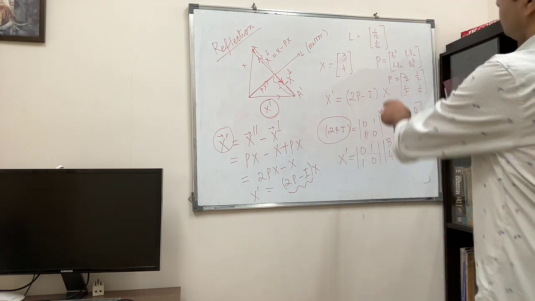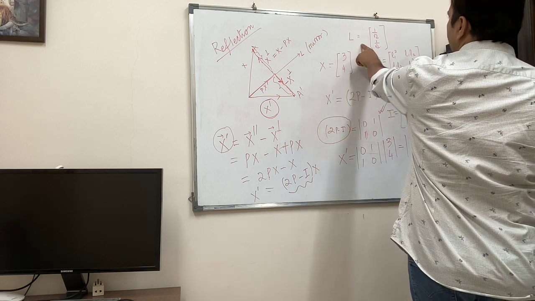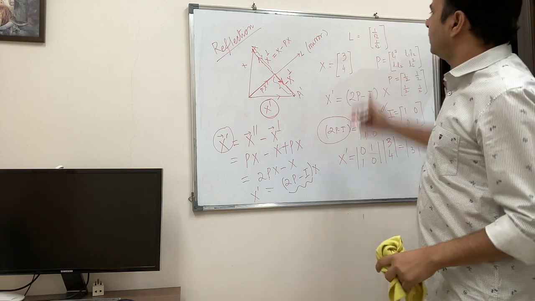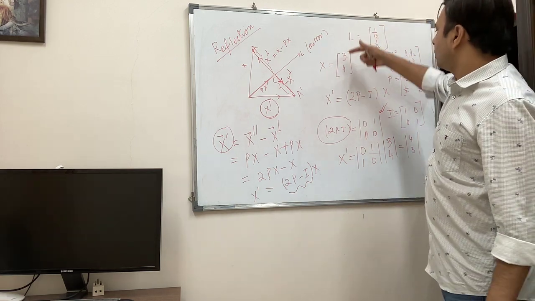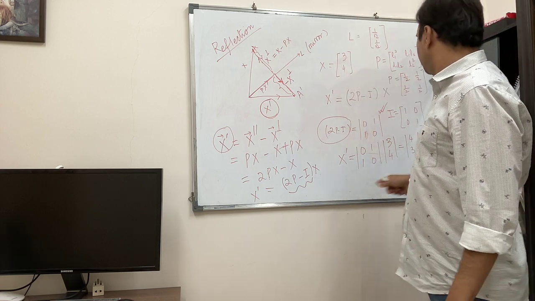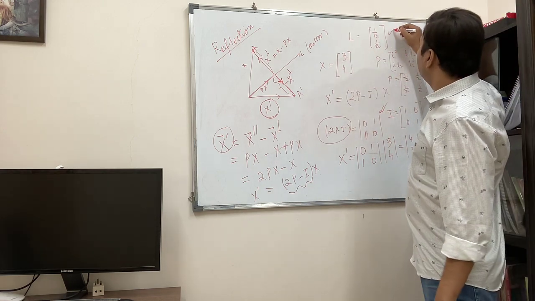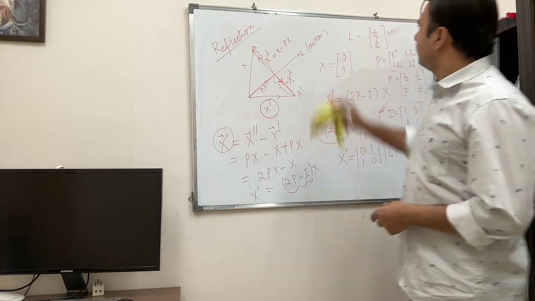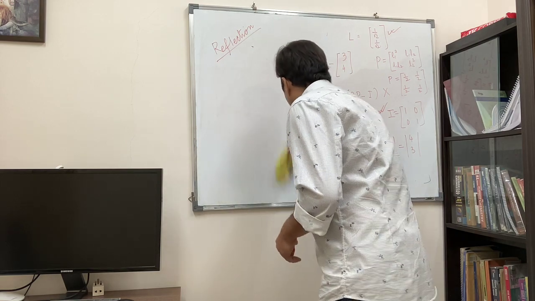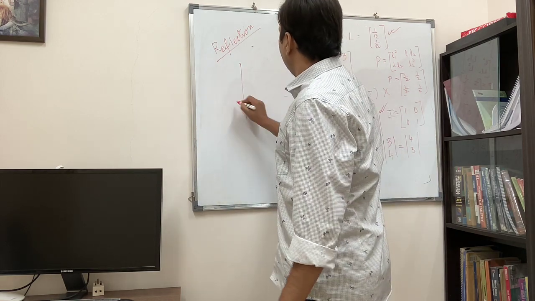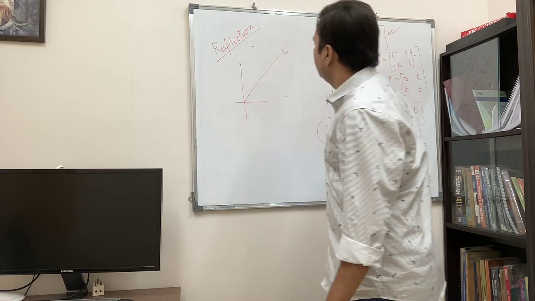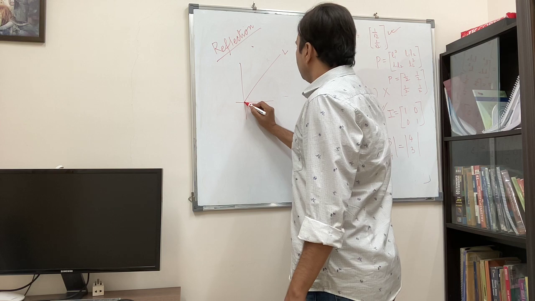So the reflection of point 3, 4 in this mirror is nothing but 4, 3. So it will just switch. The x-axis and y-axis are just going to swap each other. So this is the y, this will become the x, and this is the x, this becomes y in this particular mirror. Because what is this mirror? If you think carefully, if I draw carefully, this mirror is nothing but a line at 45 degrees. So L was nothing but a line at 45 degrees, and 3, 4 was a point here.